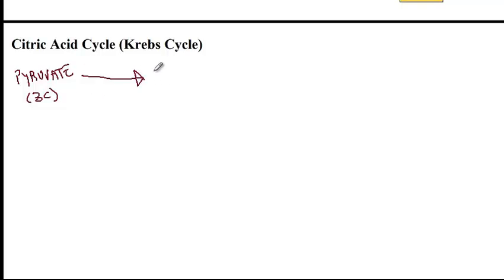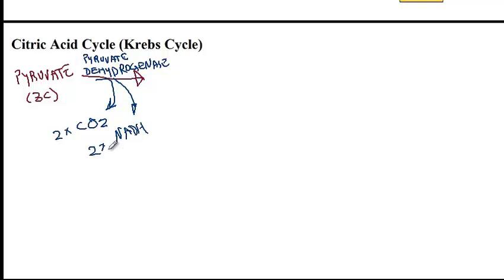With the help of the pyruvate dehydrogenase enzyme, a CO2 molecule will be lost and an NADH molecule will be produced. And remember, a glucose yielded 2 pyruvate.